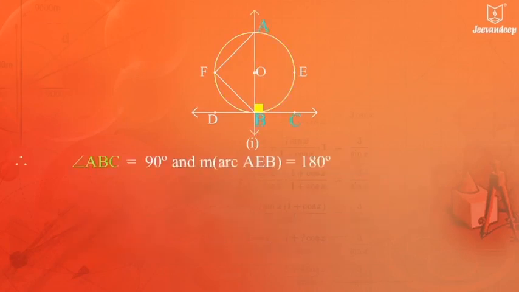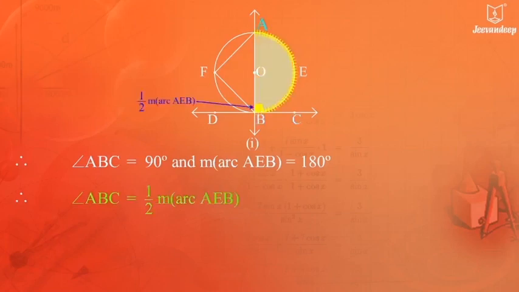Therefore, angle ABC equals 90 degrees and the measure of arc AEB equals 180 degrees. Therefore, angle ABC equals half of the measure of arc AEB.